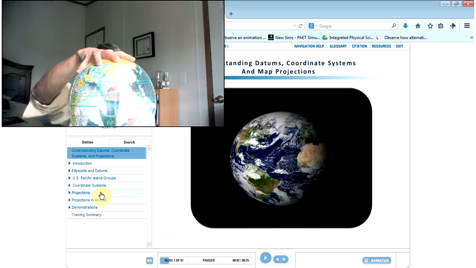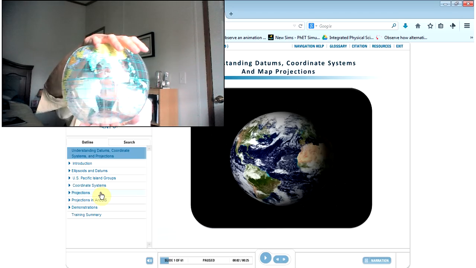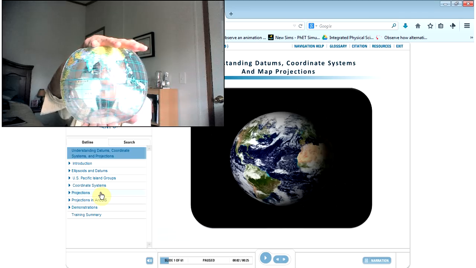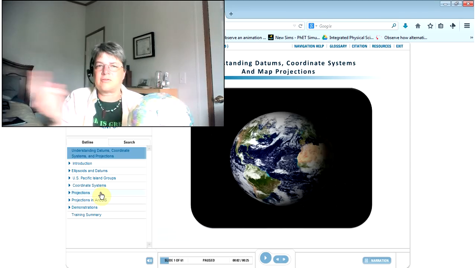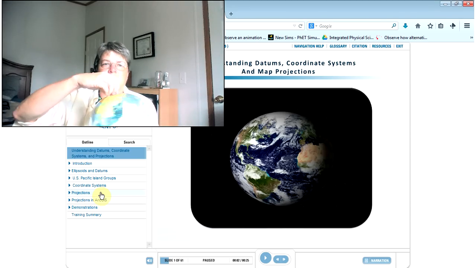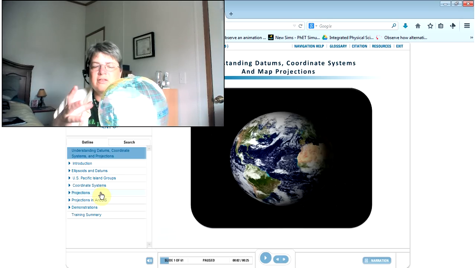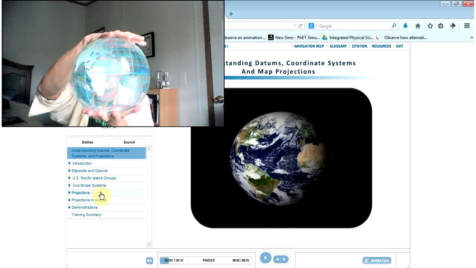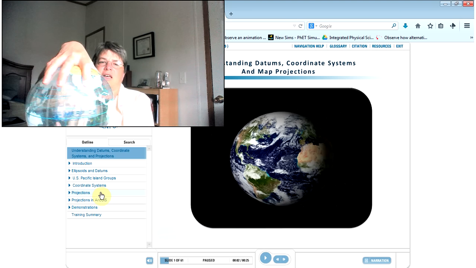It's actually, if I squish this down, fatter in the middle than it is from top to bottom because of centrifugal force. The Earth is spinning and spinning, and it goes around and around. And that force pushes it out in the center along the equator. So it's a little bit wider. And also, it's kind of lumpy.